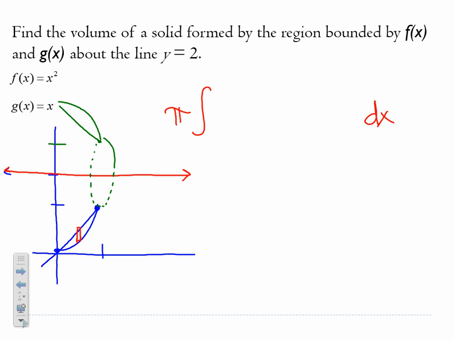Since we have a different axis of rotation, it's not necessarily just the height of our rectangle anymore. Our radius needs to refer back to whatever axis we are rotating about. So here, my axis of revolution is y equals 2.